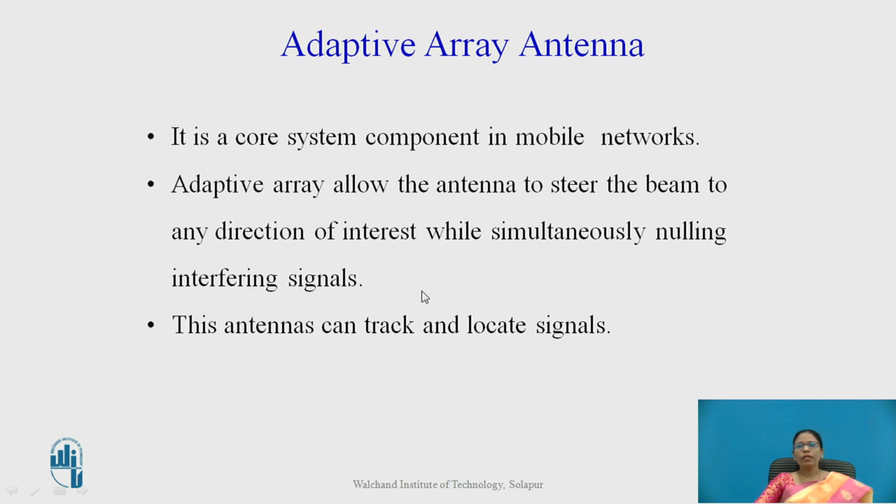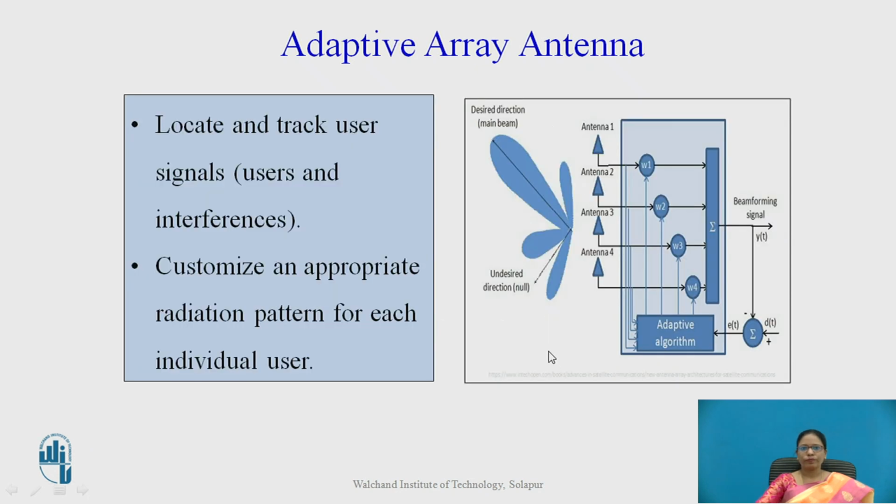So, adapting in the sense of steering the beam in the direction of interest and nulling the beam in the direction of interfering signals. This adaptive antenna array can track and locate the signals.